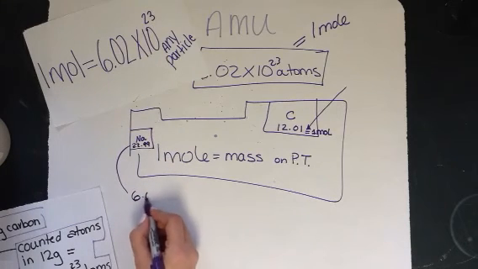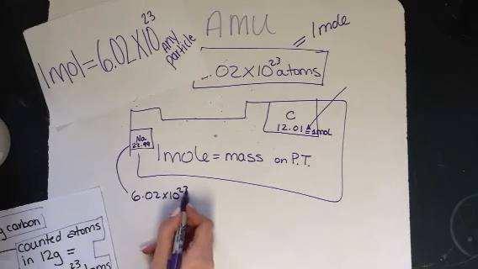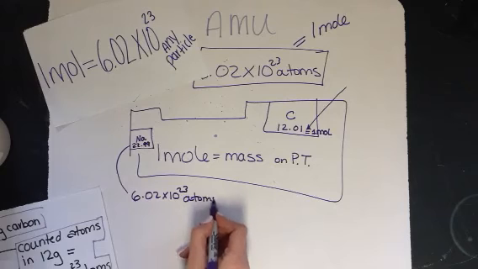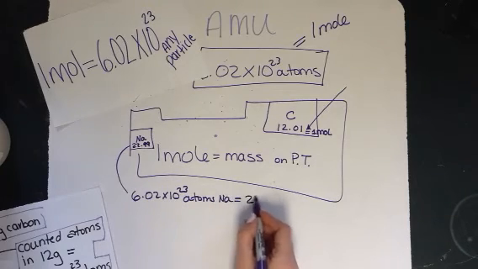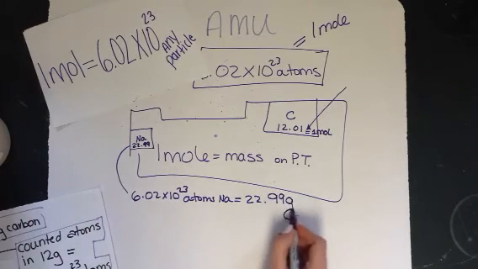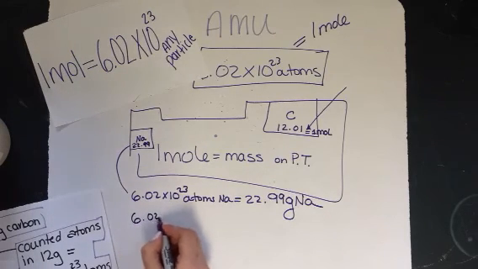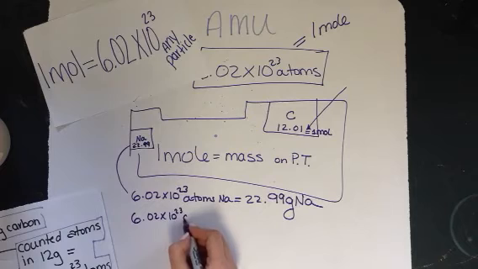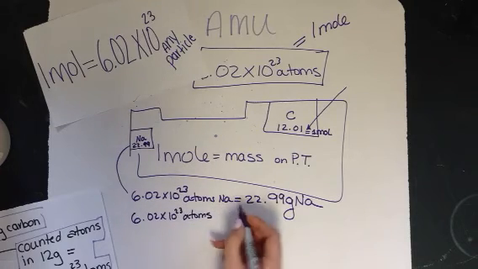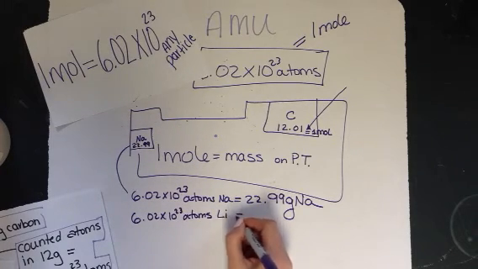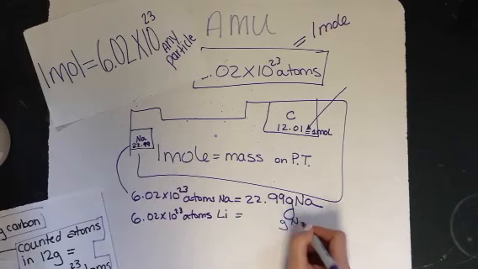So 6.02 times 10 to the 23rd atoms of sodium weighs 22.99 grams. 6.02 times 10 to the 23rd atoms of any element, let's bring up lithium, equals its mass on the periodic table.